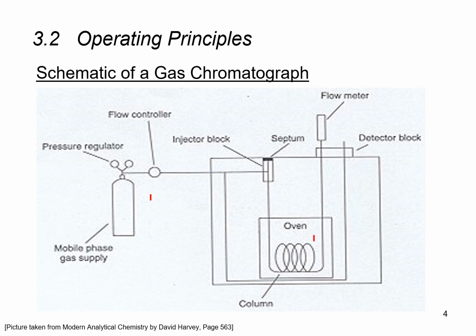In the oven, we see the column. Now the column in a gas chromatography instrument acts as the stationary phase. This is where the various chemical components in the sample mixture are going to be separated.